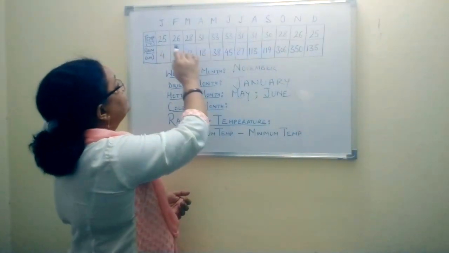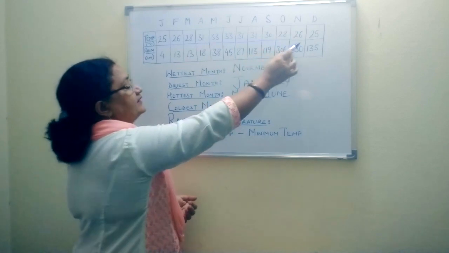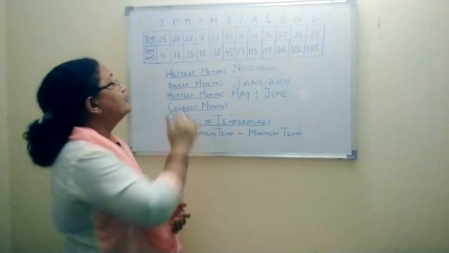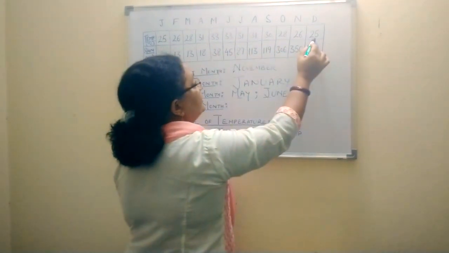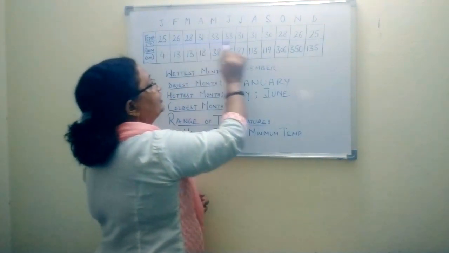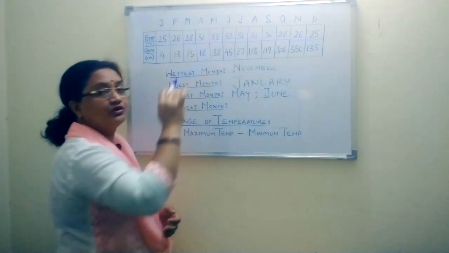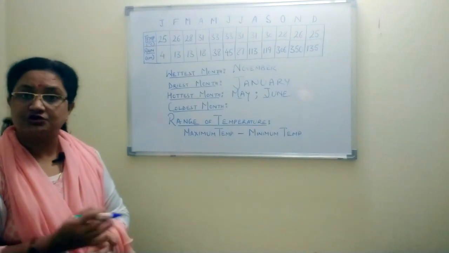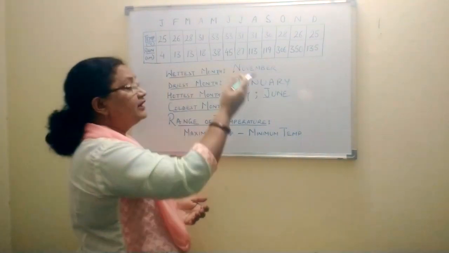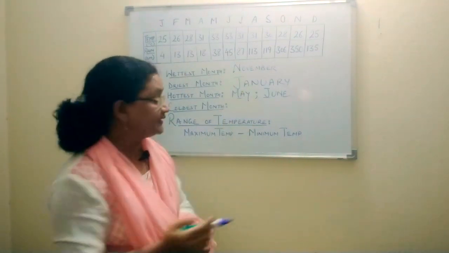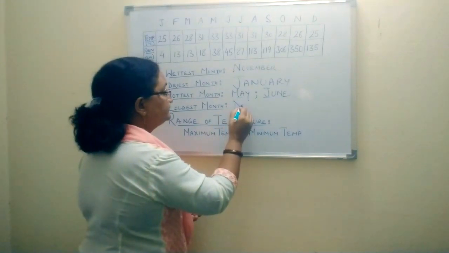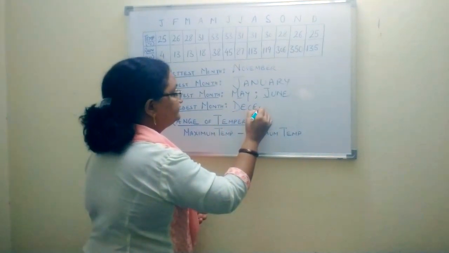Again, 2 months are having minimum. January and on that side it is December. Okay. Both these places you can see here. 25 and 25. Nowhere else you will find the temperature goes below 25. Okay. So you can say the coldest months, 2 months are there. That is, you can say, yes, December.